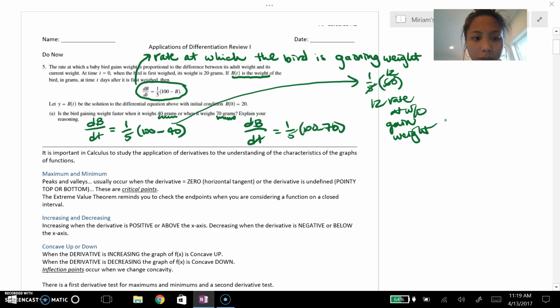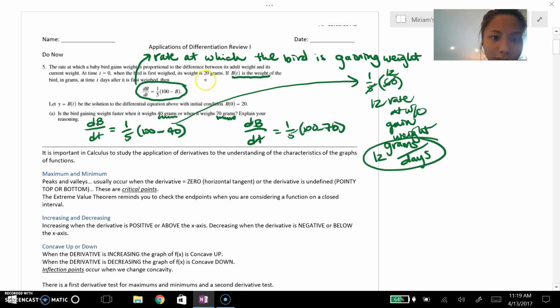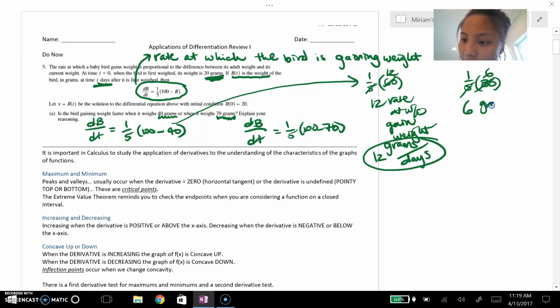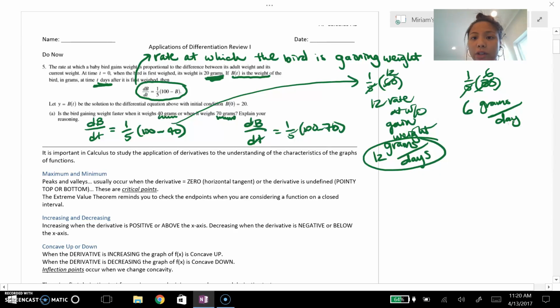That's going to be grams per day, because it says here grams and the time is days. Let's do the same for 70. So I have 1/5 times 100 minus 70, which is 30. You divide that out, you get 6. So I have 6 grams per day. That's how much the bird is gaining weight, 6 grams per day.